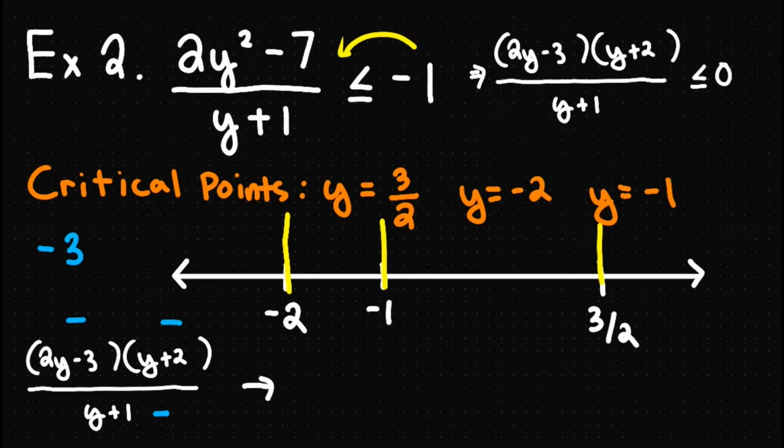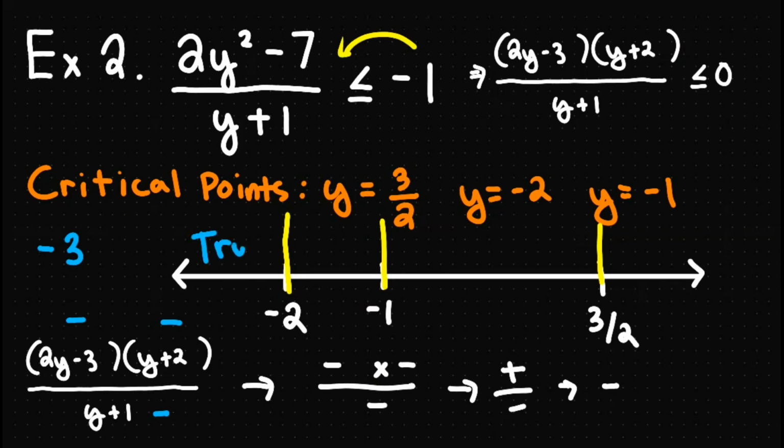So we'll have negative times negative over negative. Negative times negative in the numerator is positive, over negative, and that will give us a negative value, which is less than or equal to 0. Since it satisfies the inequality, we say that this region is true.